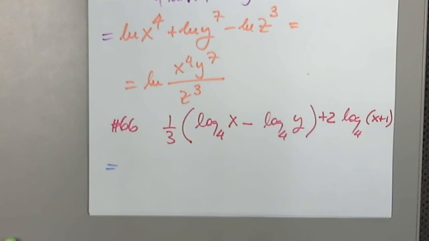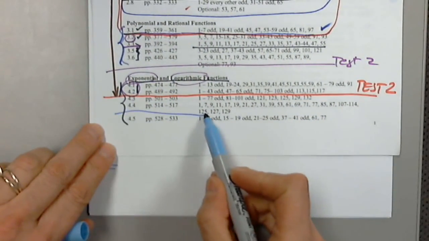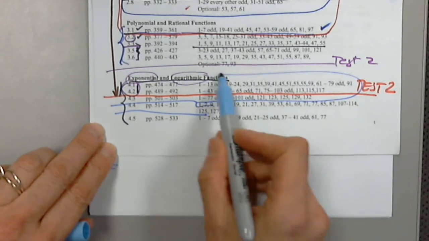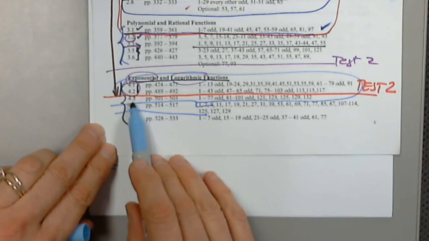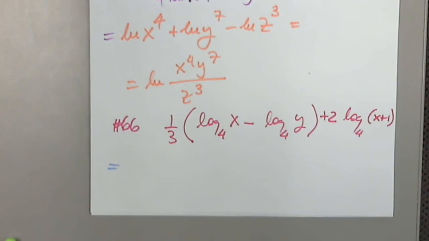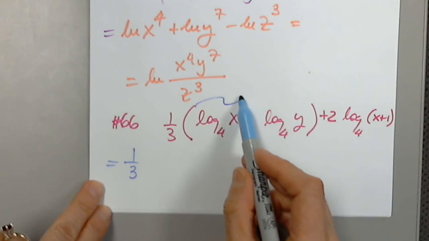And I cannot stress enough, when you start studying, and I hope you do very quickly, all these problems should be done between now and Thursday, 4.1, 4.2, and 4.3, so you can ask questions. I know, they're down to 3 weeks. So we have 1/3 outside, and how do I condense this?